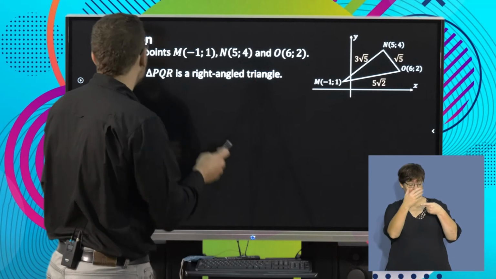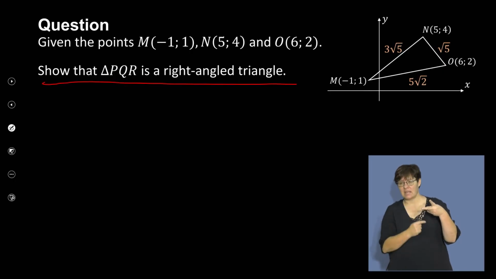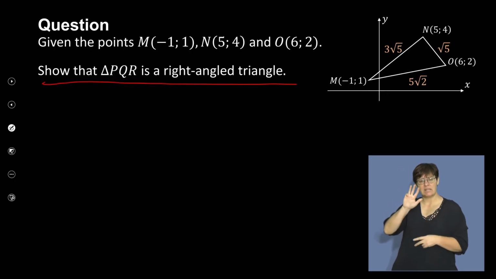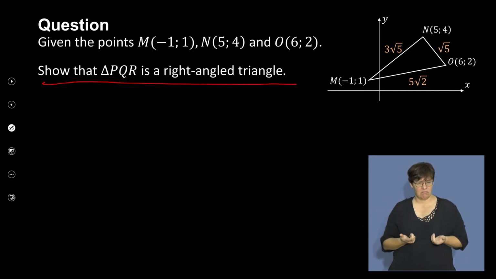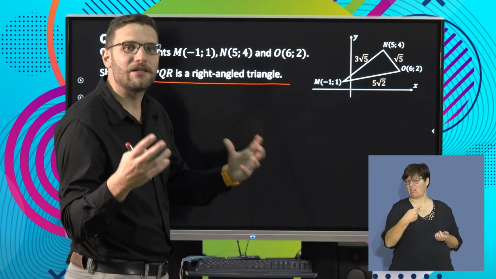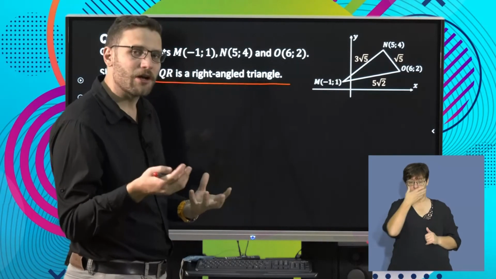And part B of this question says, show that this triangle is a right-angled triangle. Now, we could potentially use trigonometry to do this, but say we didn't know anything about trigonometry.